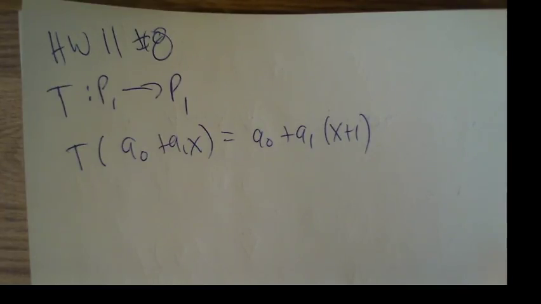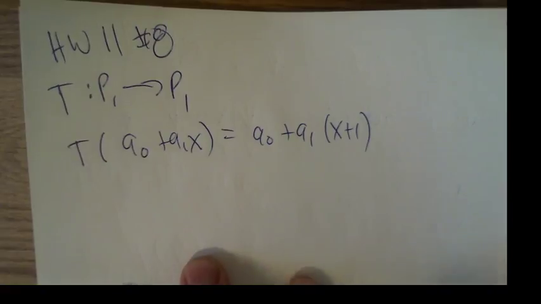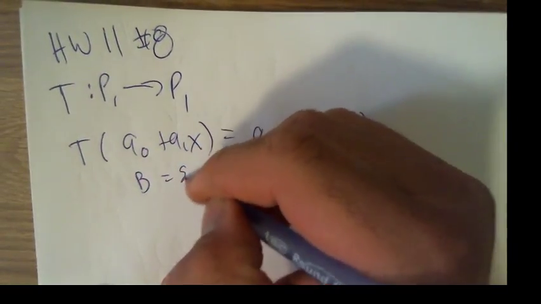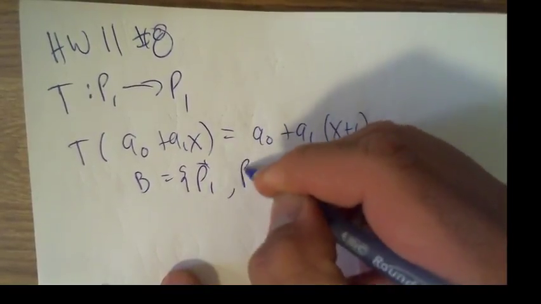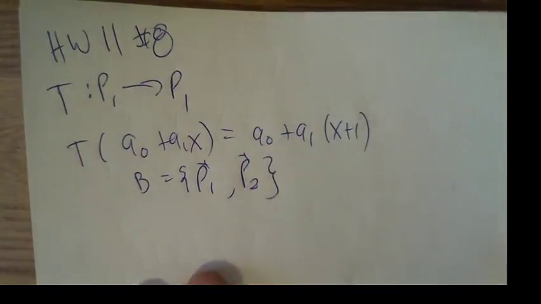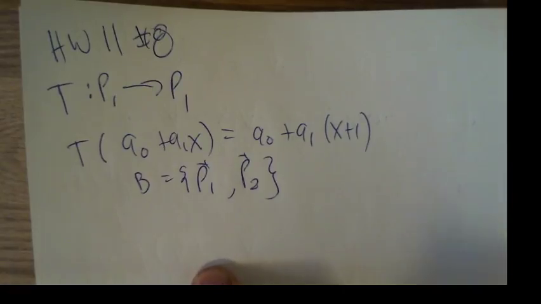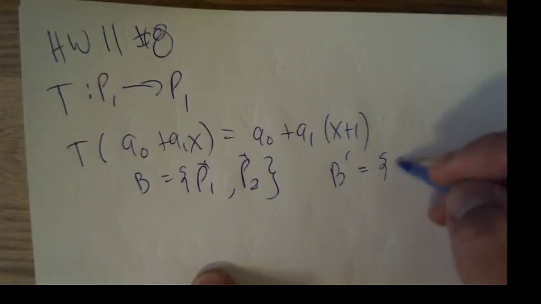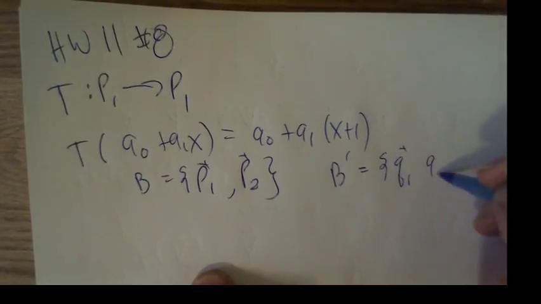Okay, so let's see here. They give us 2 bases. B is composed of this P1, P2, and B prime, that's Q1, Q2.